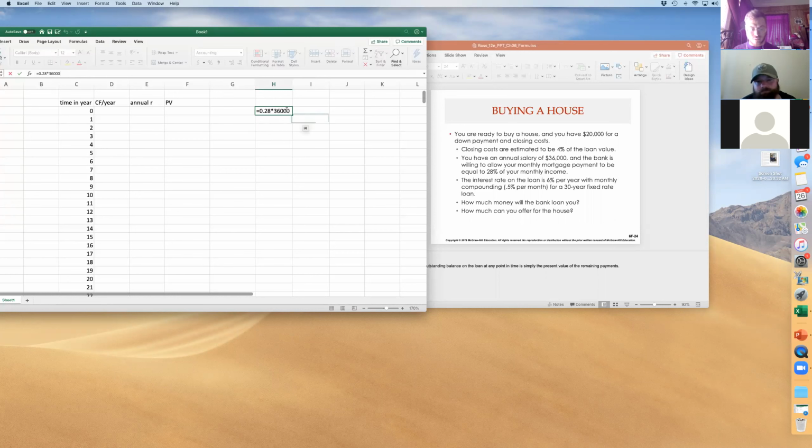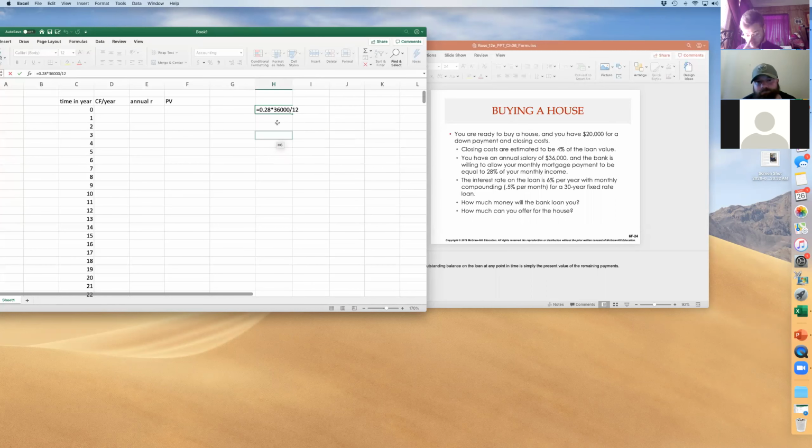So I need to put this in monthly terms. I'm going to divide that by 12. So per month, the bank looks like they're willing to provide you with a $840 payment. Does that make sense to everybody? So I just took 28% of 36,000. That gives you your annual amount that could be obligated to this mortgage, and I'm just dividing it by 12 to put it into monthly terms.